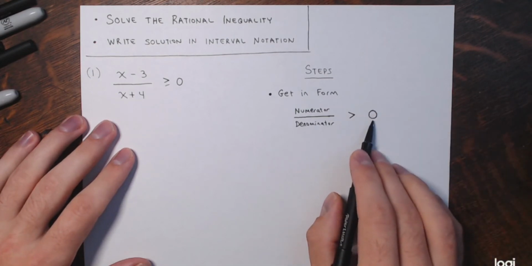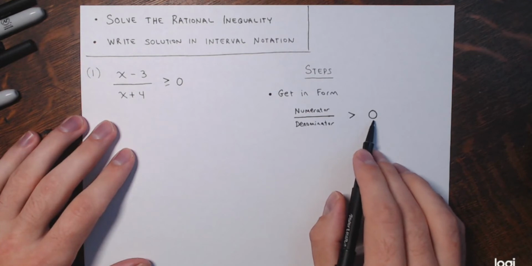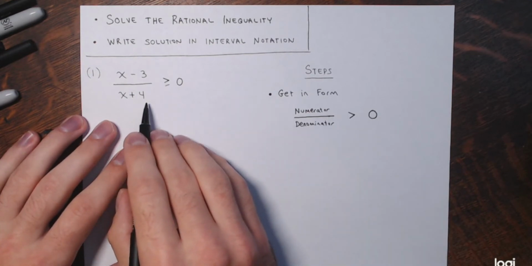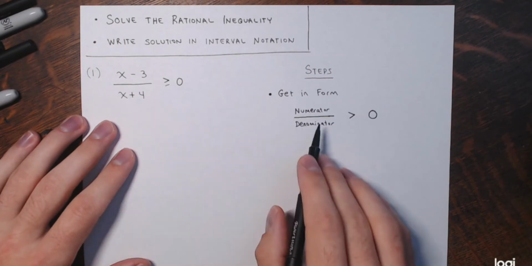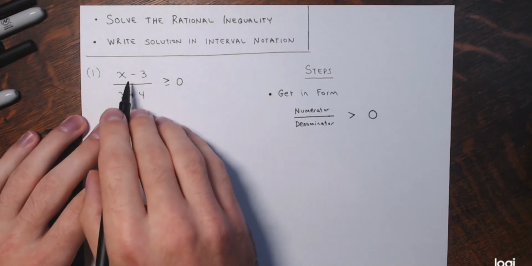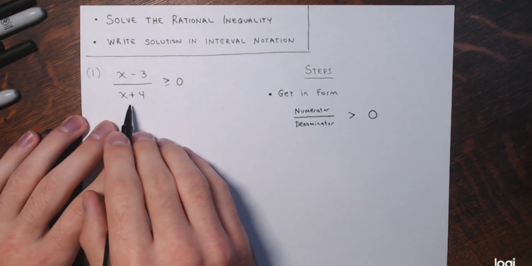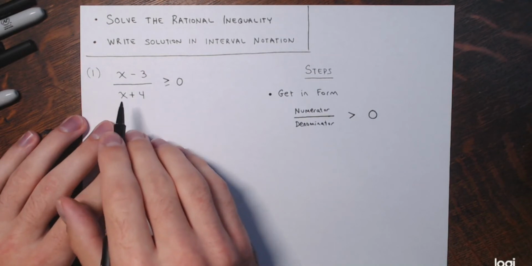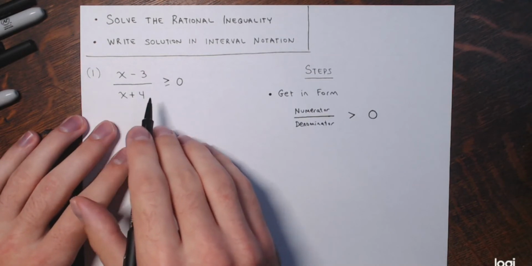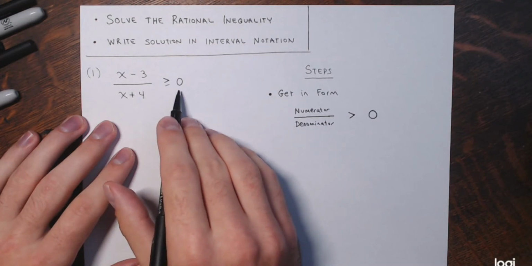And it's got to be 0. This first example is already set up the way I want: a single quotient, a single fraction on one side, and 0 on the other.